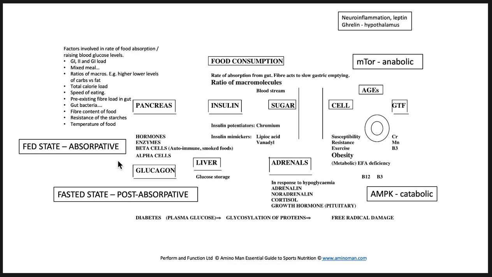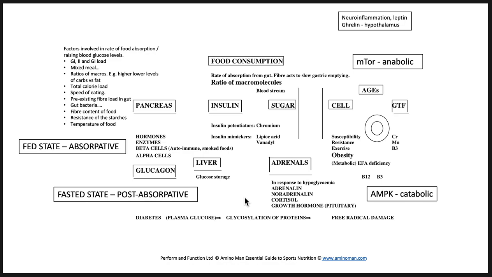When we eat, we're in a fed state, absorptive. Depending on how big the meal is, 2 to 4, maybe 5 hours. It's a massive meal. You'll be fed, and then when the meal's gone, you'll be fasted, post-absorptive. Absorptive, post-absorptive.